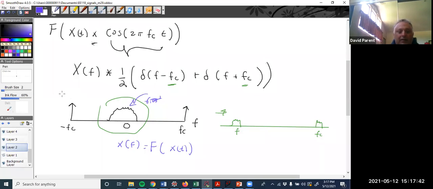This is X carrier(f), but it's a delta function. So it's a cosine, so you get these two delta functions, and they're spread apart. And then I just convolve them. And so this is coming out of the antenna, all right?